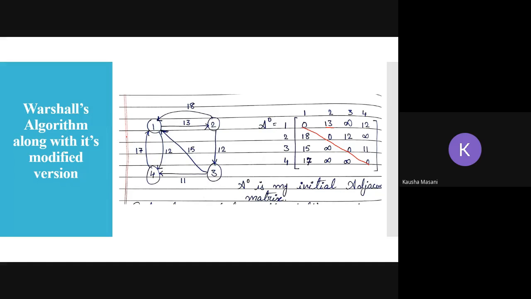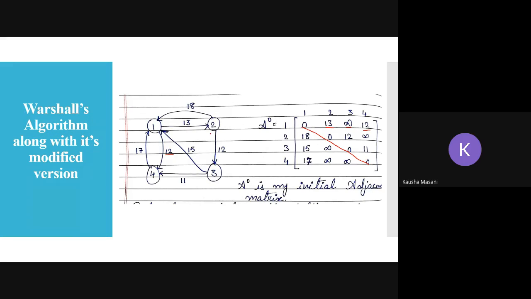Okay, then 1 to 3, do you have any path edge? I do have an edge, but it is not from 1 to 3, it is from 3 to 1. So at 1 to 3 what you are going to write? Infinity. You don't know the distance. Okay, 1 to 4, do you have any path? Yes, you have. And what is the weight? 12. Okay, so 12 is written here.